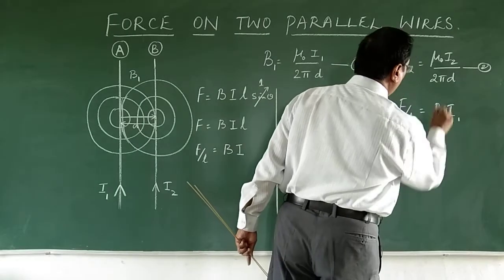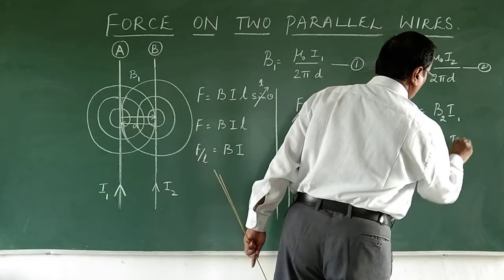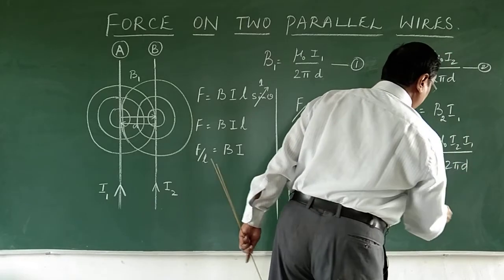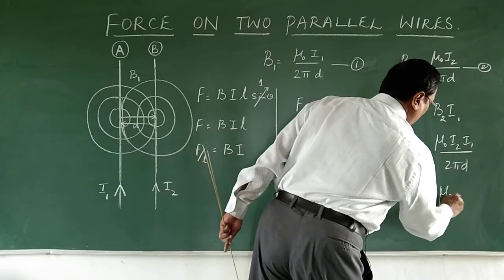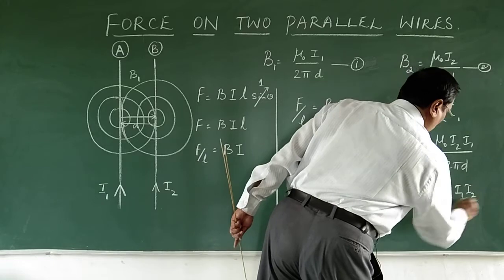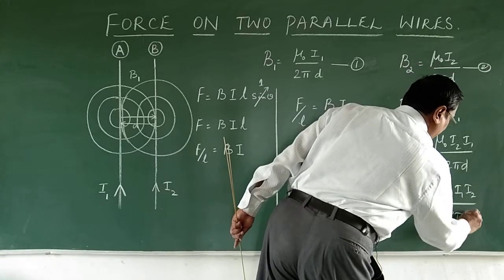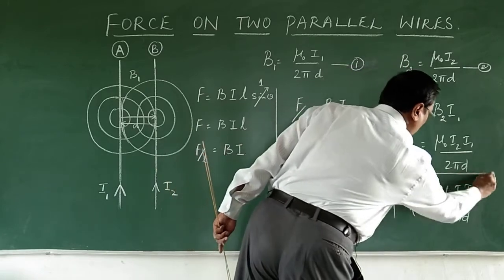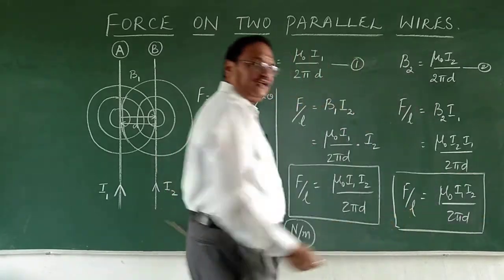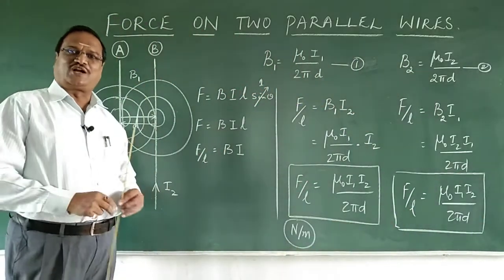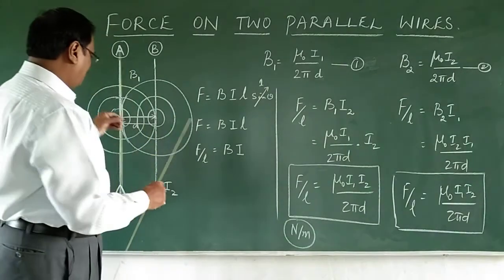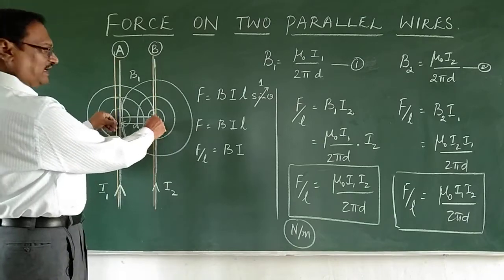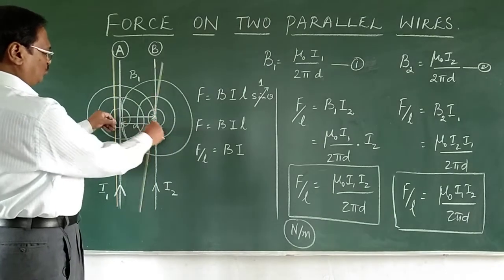So that is equal to mu naught I2 into I1 upon 2 pi D. This is nothing but mu naught I1 I2 divided by 2 pi D. So this is the same thing, force per unit length, which also comes to be the same. In either way, Newton's third law is holding true. The force due to the first wire on the second wire is equal and opposite due to these two.